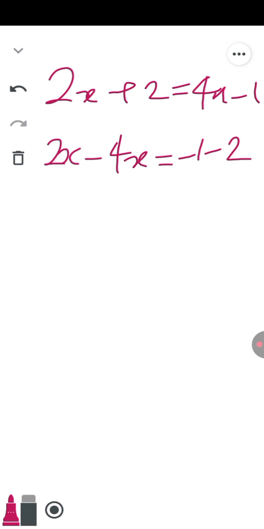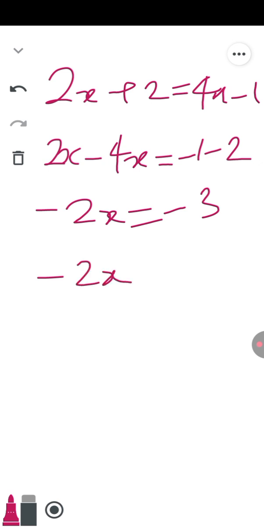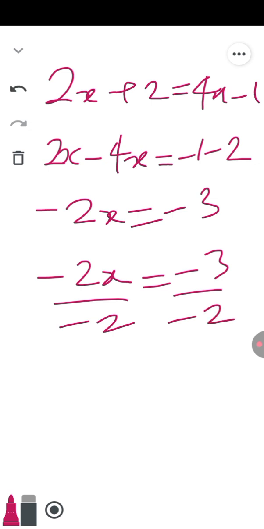Is that okay? So I will have minus 2x is equal to minus 3. So I will have minus 2x over minus 2 is equal to minus 3 over minus 2.